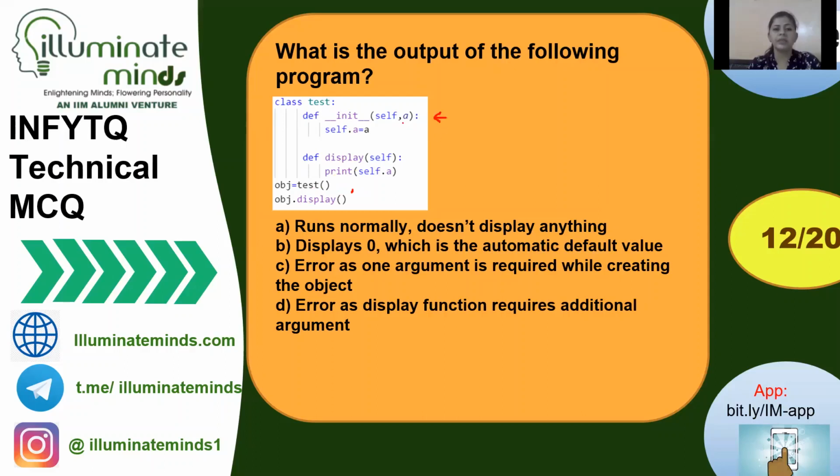Whatever parameters are in the constructor are expected to be sent when we are creating the object. Since we are not sending any value for a when creating the object here, it will give us an error. So what does C say? Error as one argument is required while creating the object. Yes, this is right.